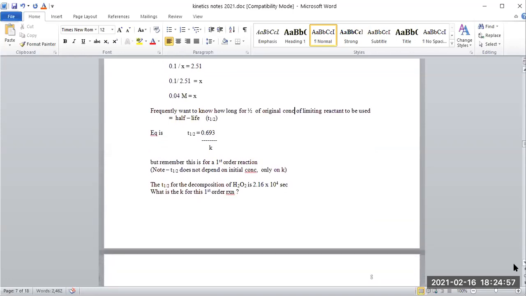So a first-order reaction depends upon k, and doesn't depend upon how much you started with, which sounds weird. So back to the M&Ms. If I have 100 M&Ms and half of them go away, I'm left with 50. 50 is half.